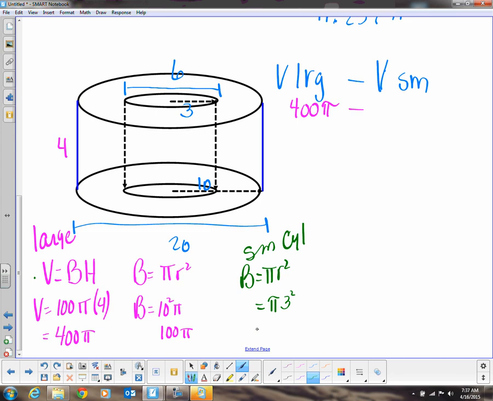So what is this going to be? 9 pi. So its volume, what's the volume formula? Capital B, capital H. So we have 9 pi times, what's the height? 4. 36 pi. So we've got 400 pi minus 36 pi is 364 pi. Did I get that right?